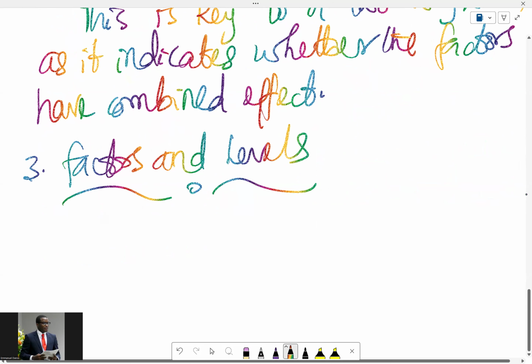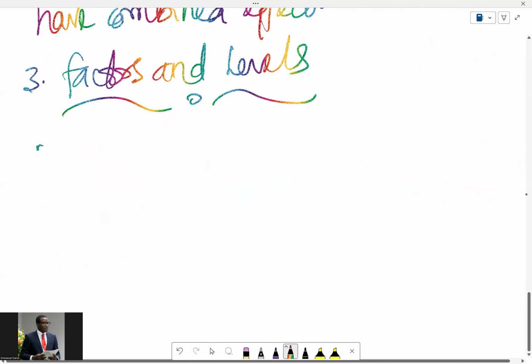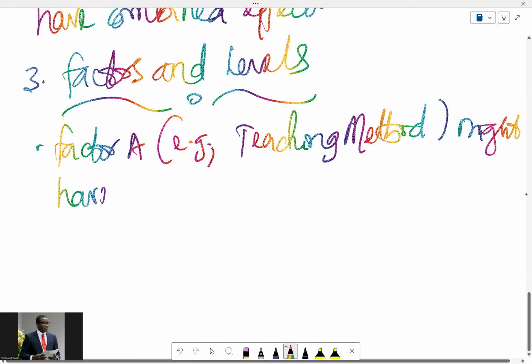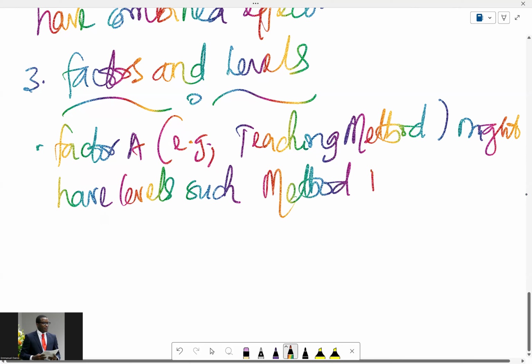For instance, if you have factor A, you're considering teaching method as factor A. Factor A might have levels such as method one and method two.